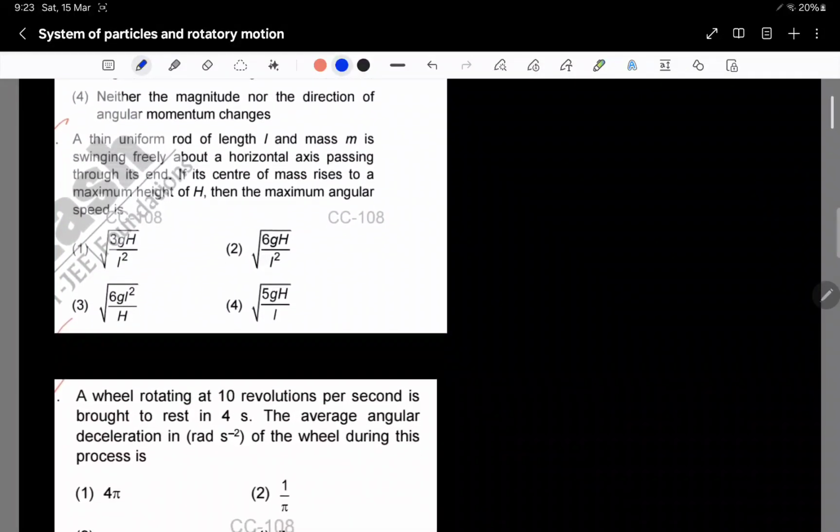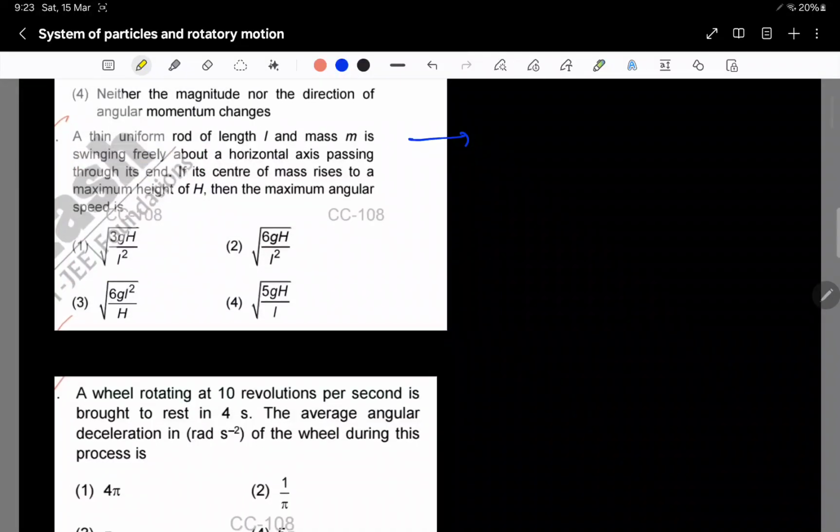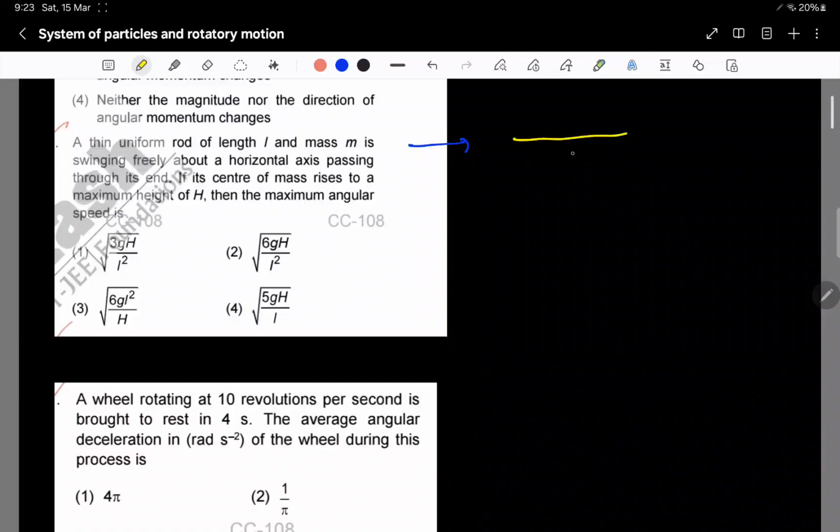Next, a thin uniform rod of length L and mass m, swinging freely about a horizontal axis passing through its end. If its center of mass rises to maximum height h, then what is the maximum angular speed? A little application question, students. The rod of length L is oscillating to and fro about a fixed point.